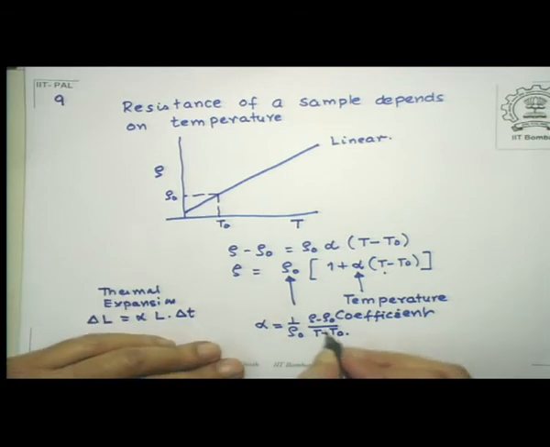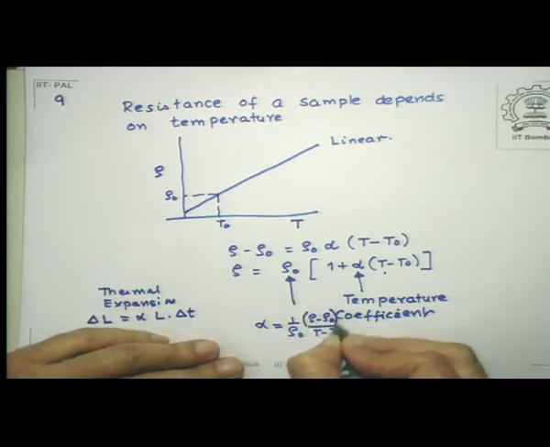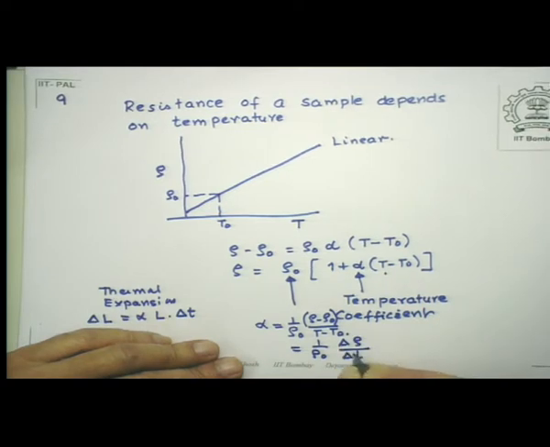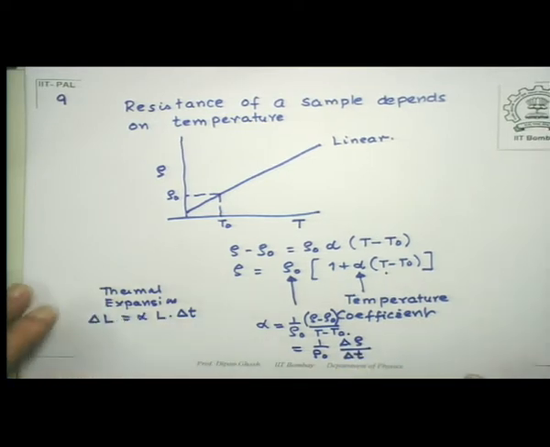This is the change in resistivity when the temperature changes by T minus T0, so this quantity can be written as 1 over rho 0 delta rho by delta T. This is the definition of the temperature coefficient of resistivity.